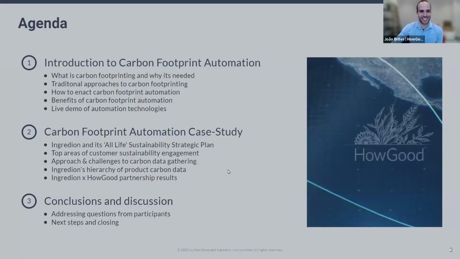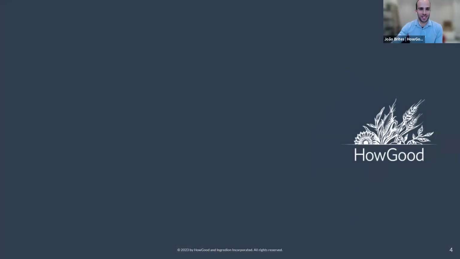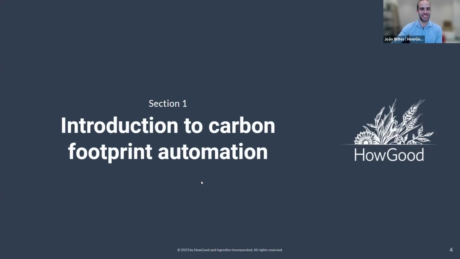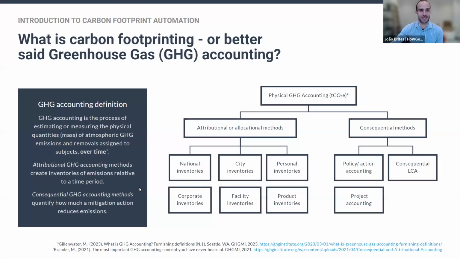So with that said, we're going to start with the first part, the introduction to carbon footprint automation. We're going to do a quick review of the carbon accounting landscape. If we're doing a GHG accounting or carbon footprinting webinar, let's maybe start with the basics.